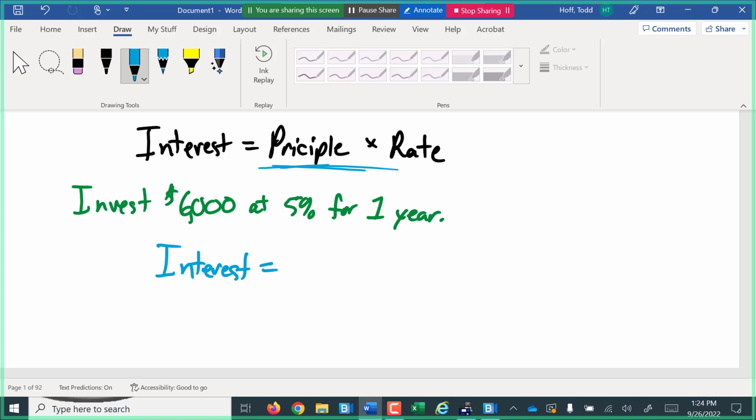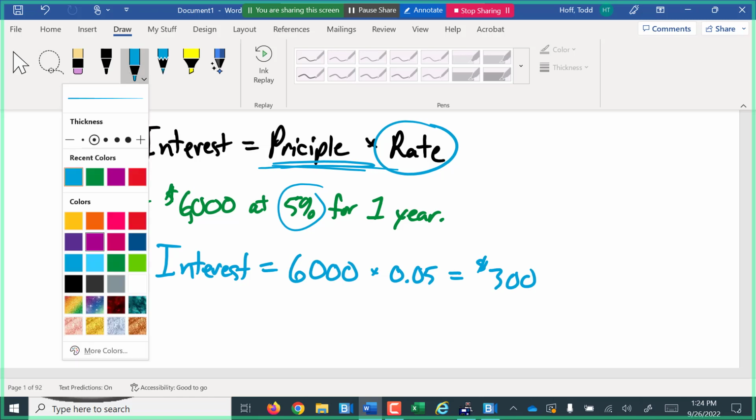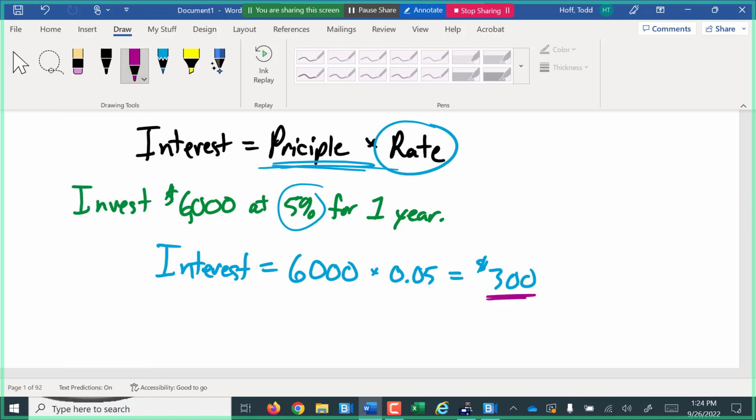The starting amount of money is the $6,000, right? And then what's our rate? 5% will become what is the rate? So 0.05, good. So then we multiply that out, that is $300. So $300 is our interest.